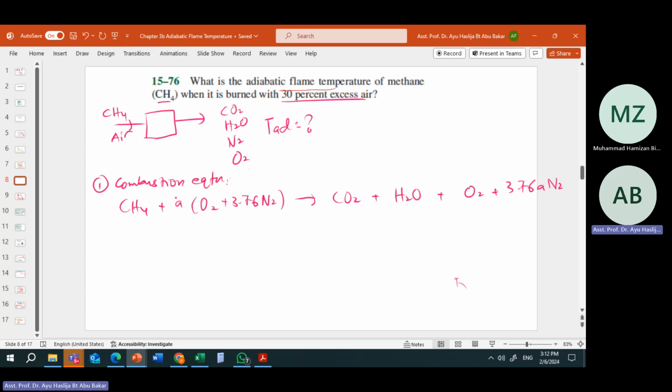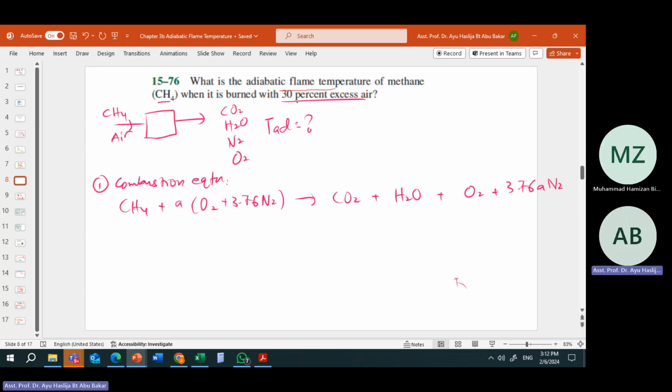First thing, we want to find A. For A, it has given 30% excess air, so here it is 1.3. Theoretical air, so you can find A from the equation, X plus Y over 4.